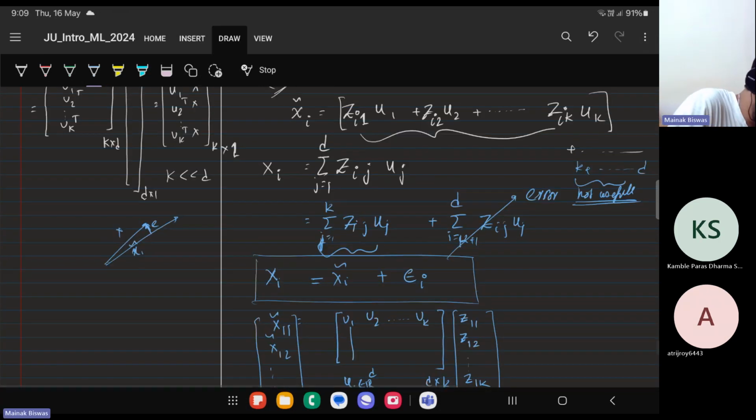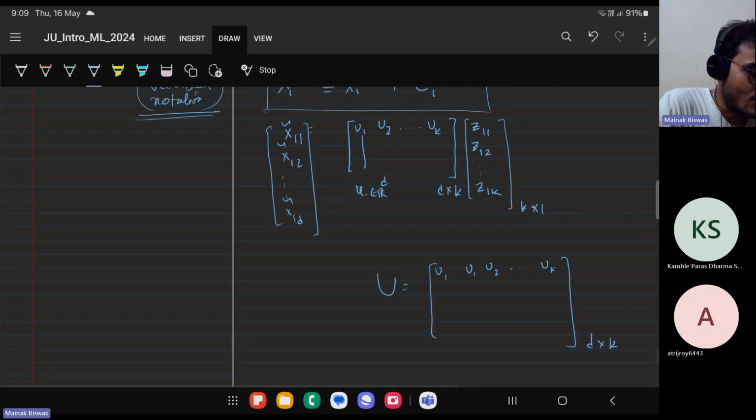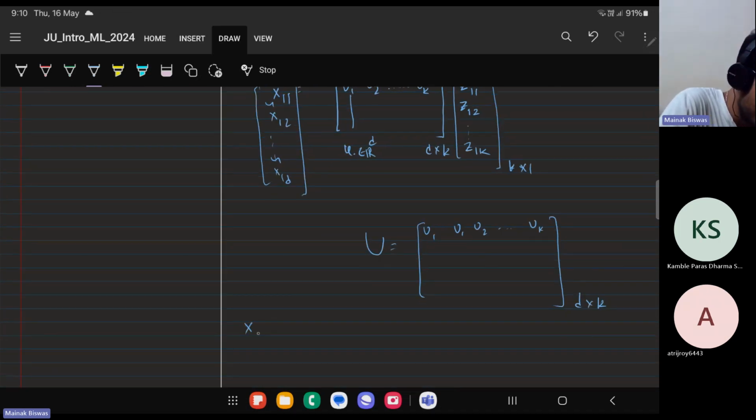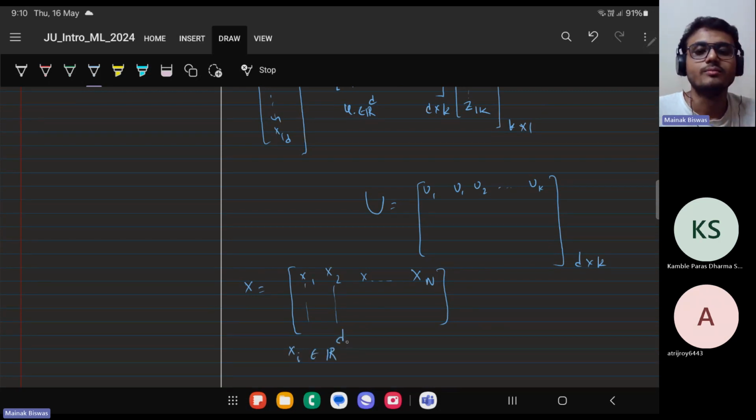This is the vectorized notation. Now I will write X as X1, X2, dot dot dot Xn, where Xi are in R to the power D. Clear?